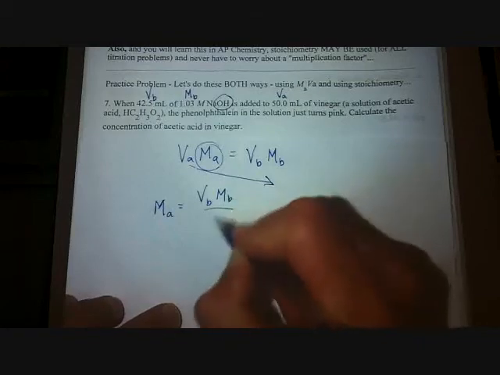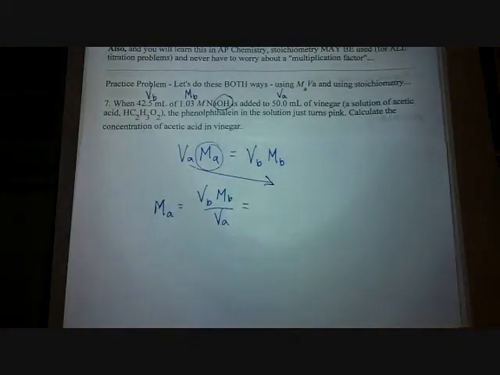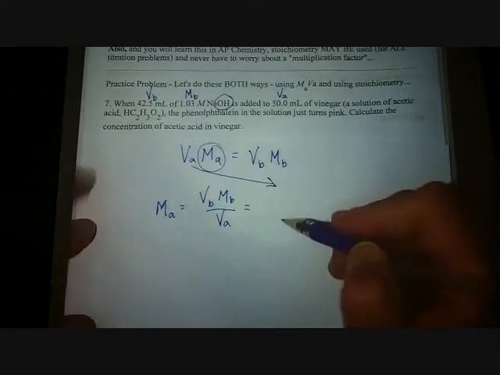So the equation looks like this. Then just plug in your variables. Now, you don't have to change the volume unless you're just dying to. Since they're both milliliters, we can leave it as is. We don't have a constant that guides us to tell us that, hey, you need to get that to liters. You can just leave them alone. But don't mess them up. That's why I like to write the variables above.